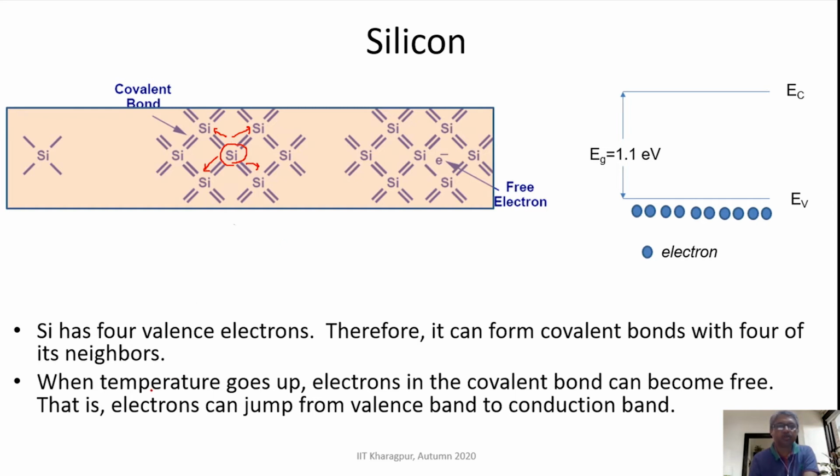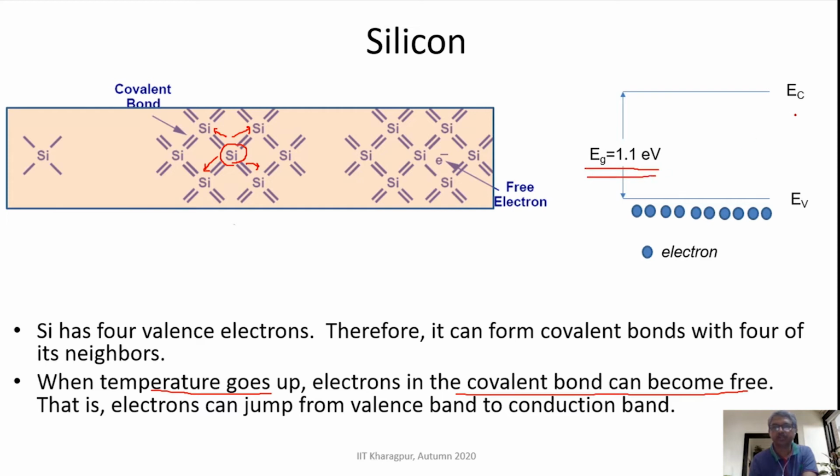Now when temperature goes up, electrons in the covalent bond can become free. Of course, that depends on the value of the temperature or the energy. In the case of silicon, the band gap, you probably know, is around 1.1 electron volt.